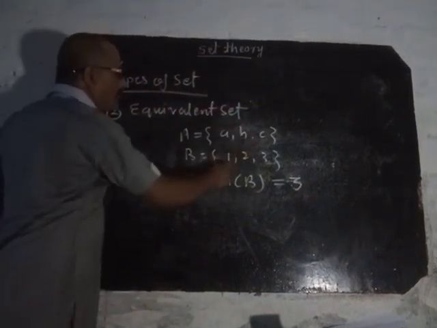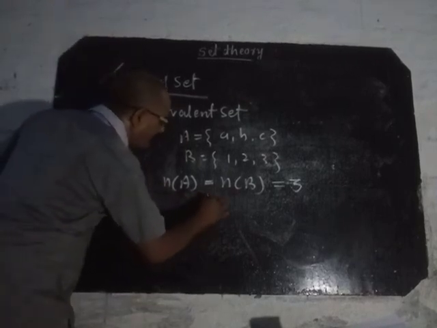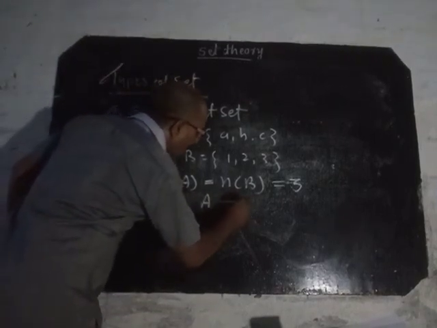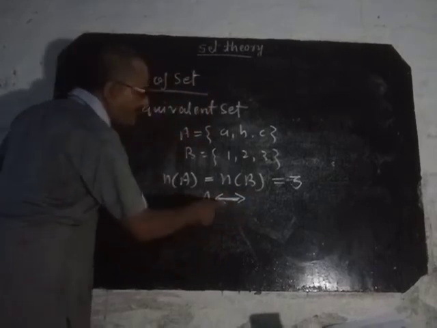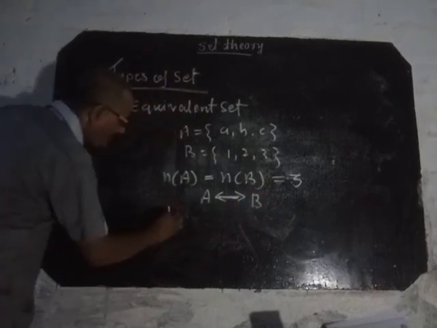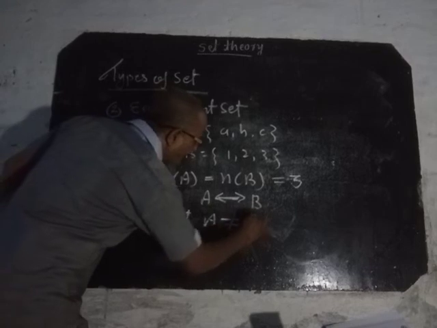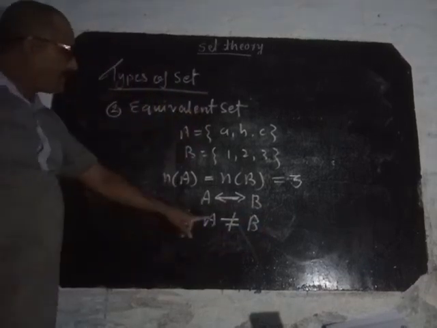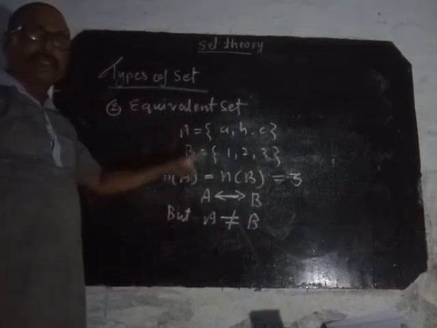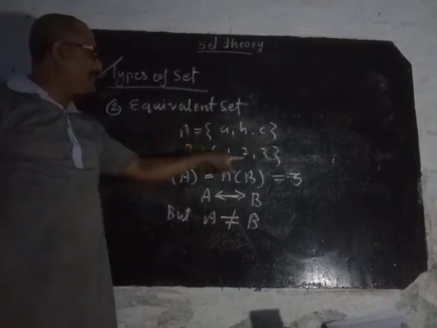It means set A is equivalent to set B, this is the sign of equivalent, but set A is not equal to set B. Why? Because the elements are different.